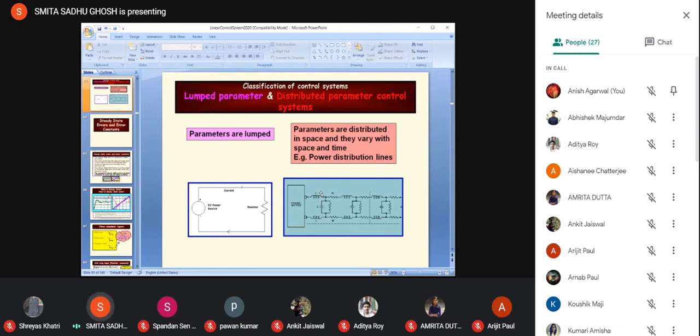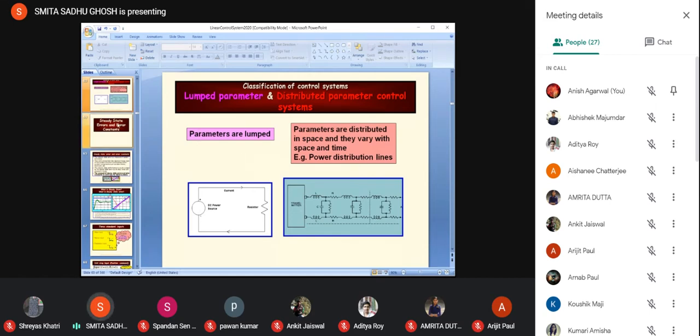So such systems would fall under the category of distributed parameter control systems. On the other hand, the left hand side where the parameters are lumped is considered a lumped parameter control system. So that is all regarding the categorization of control systems based on some property or aspect of it, right?